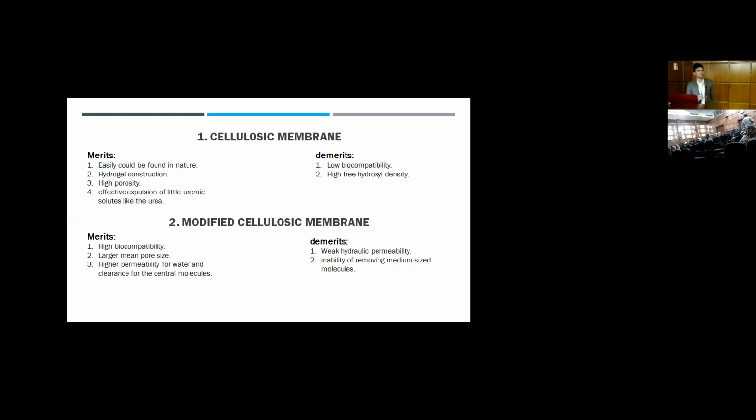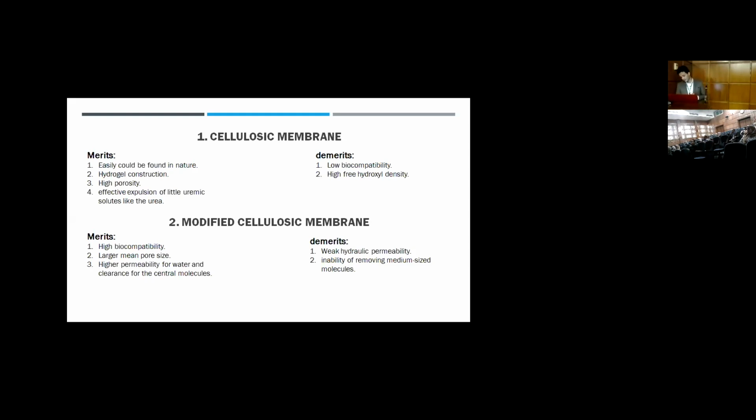But then it was no longer used because it has low biocompatibility. If anyone here doesn't know what biocompatibility means, it is the property of a material to be compatible with living tissue. So it was a pivotal reason to no longer use this kind of membrane.